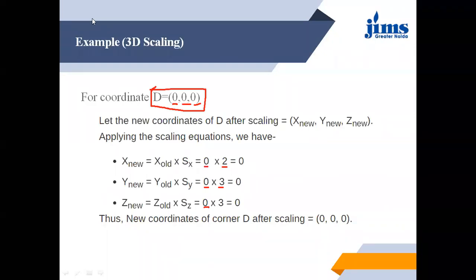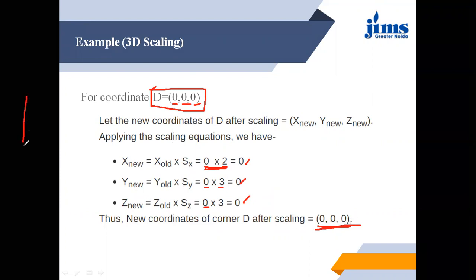Because 0 is multiplied with everything, 2 into 0 is 0, 0 into 3 is 0, so all three will be 0. So the new coordinates of point D, after applying the scaling factors in the x, y and z directions, are also 0, 0, 0.